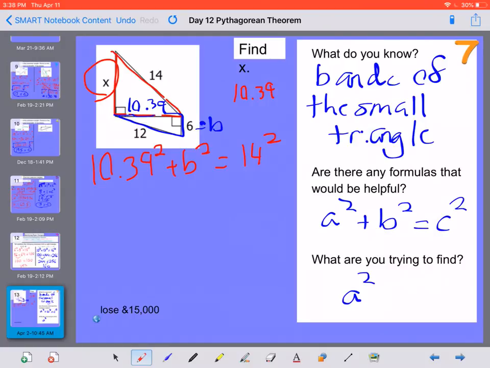Now 10.39 times 10.39 is going to equal 107.95 plus b squared equals 14 times 14, which is 196. Subtract 107.95.